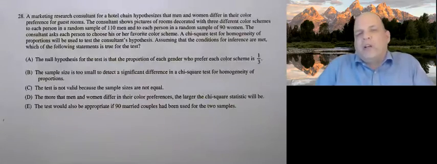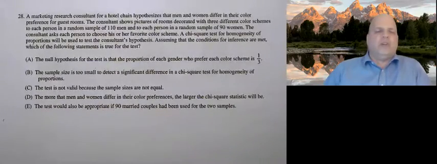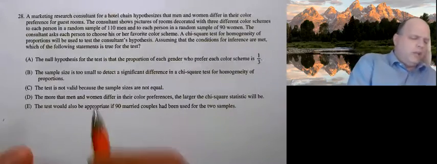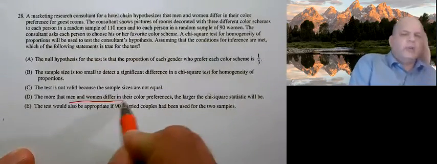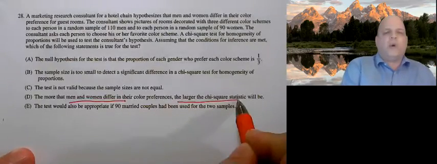First off, please remember, chi-square test of homogeneity is essentially a chi-square test of independence. All right, the thing that is most important here, and this is going to be true for any hypothesis test, the larger the difference, the larger the chi-square.